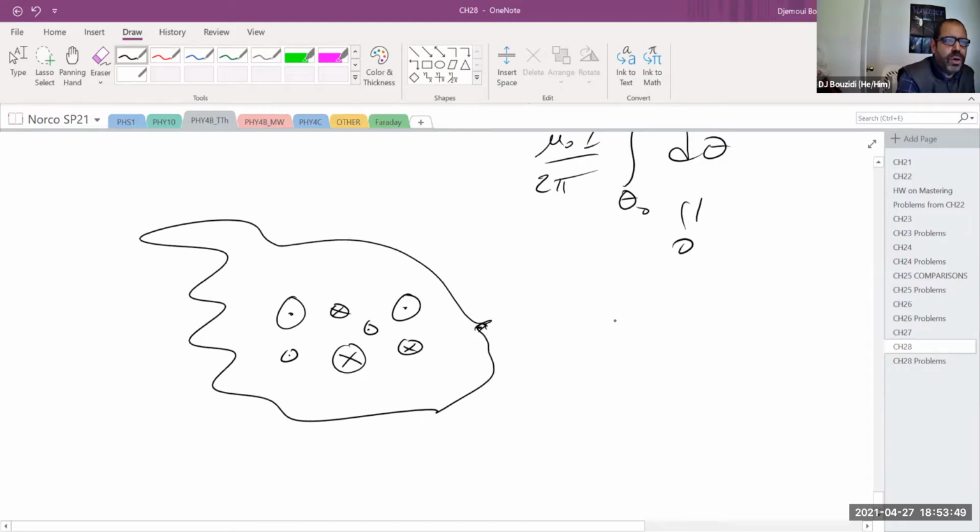So what principle should be used? Do you guys remember? If I have more than one wire, so this is I1, this is I2, this is I3, this is I4, this is I5, this is I6, and this is I7. I have 7 of them. Which principle should we use in here?